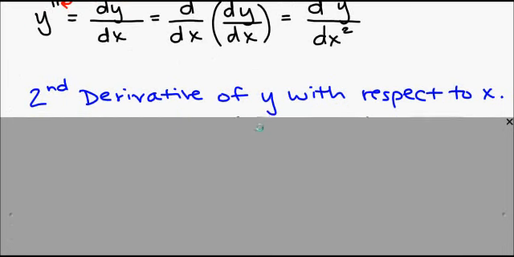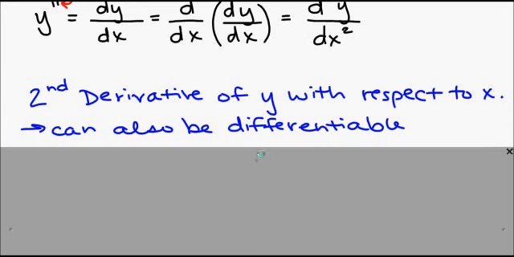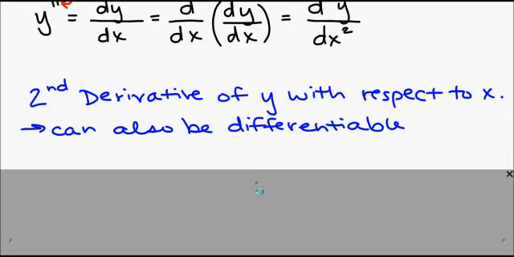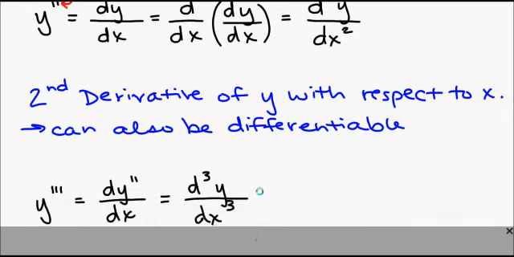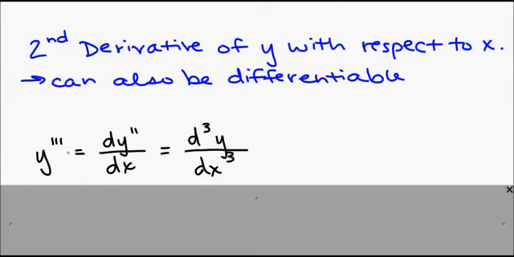And then, you may have snuck a peek of this before, the second derivative could also be differentiable. You could just keep going on like this forever, depending on how complicated your graph is. So if you differentiate the second derivative, if that's possible, you'll end up with this, which is y triple prime, okay, written also like this.